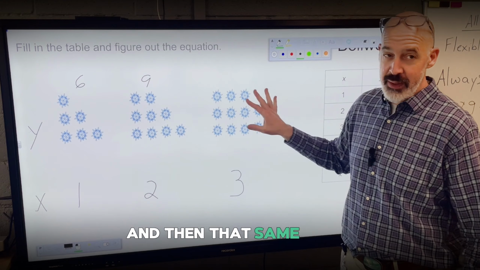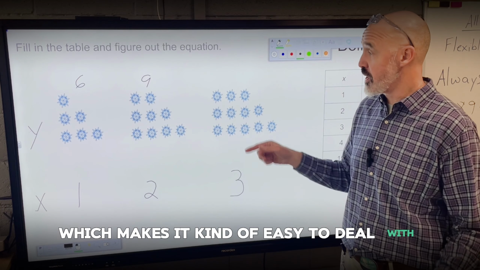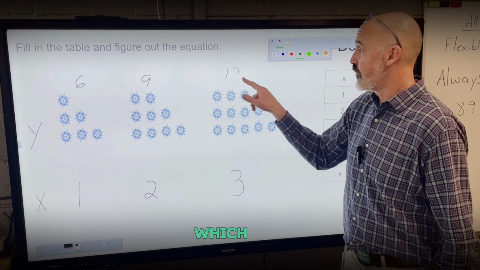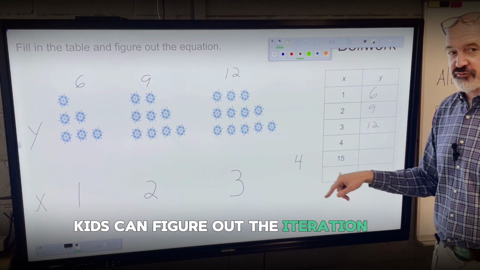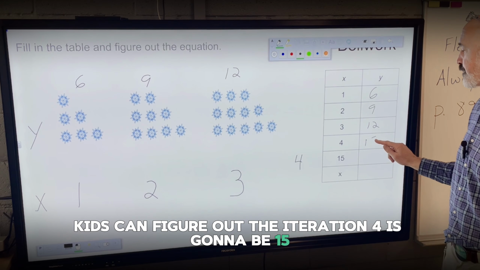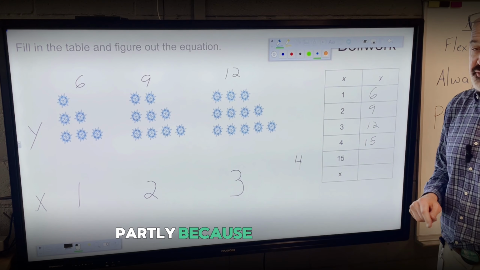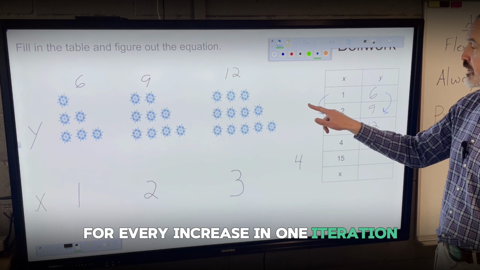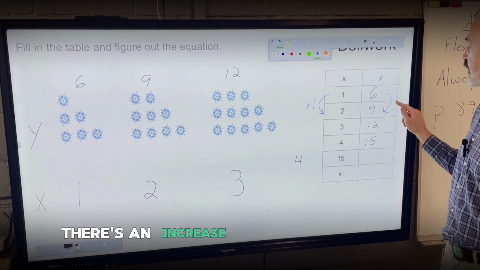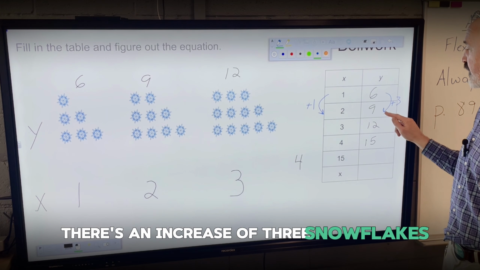And then that same image, which makes it kind of easy to deal with, plus 3 more, which is 12. So very simply, kids can figure out the iteration 4 is going to be 15, partly because they can see for every increase in one iteration, there's an increase of 3 snowflakes.